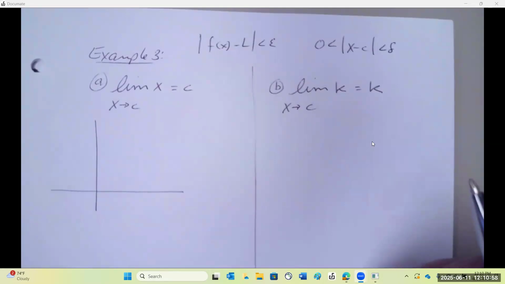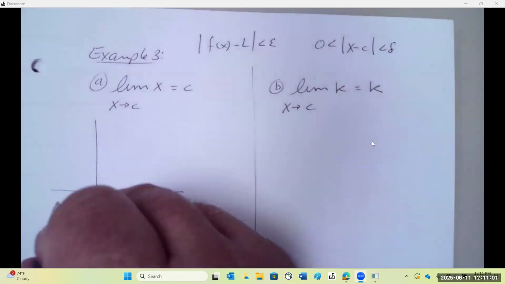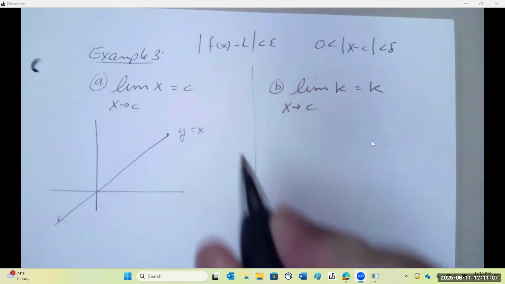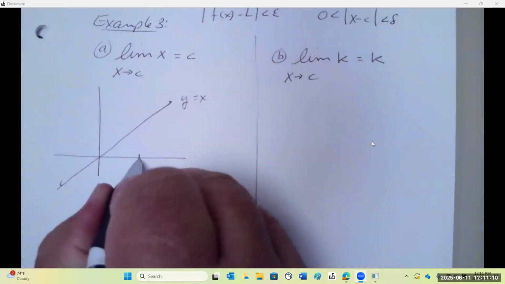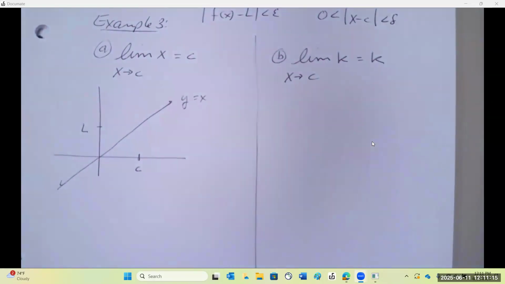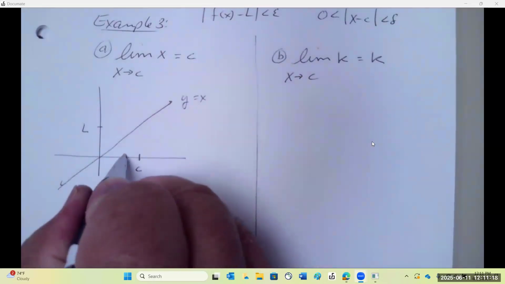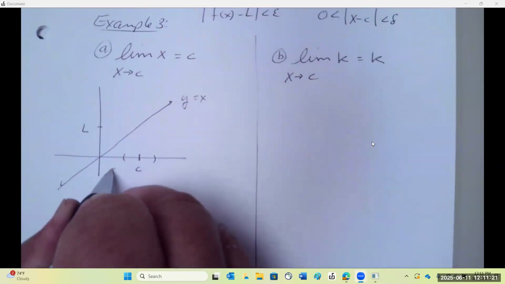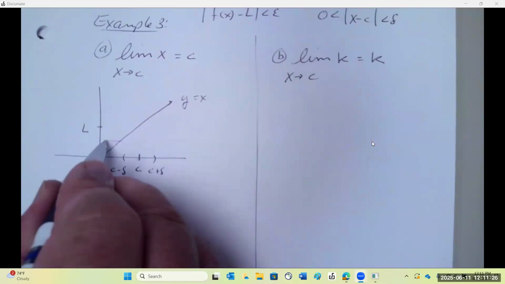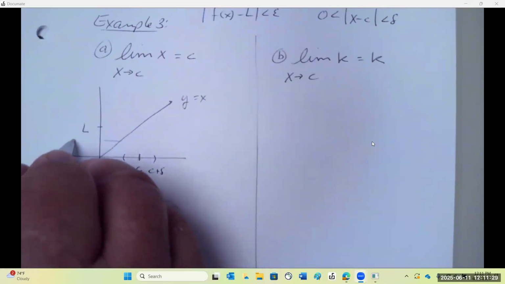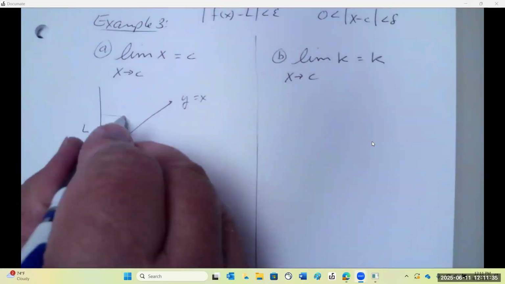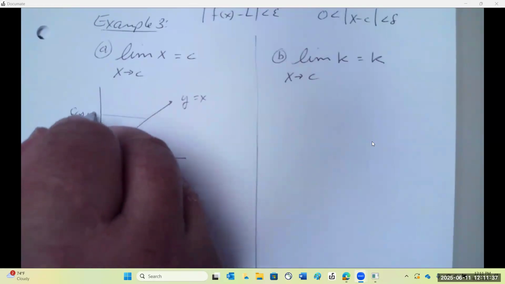Identity function, what's the graph going to look like? It's going to be exactly a diagonal, right? Because y equals x. So no matter what value c you take, however close we get in our interval, c minus delta, c plus delta, that's going to correspond to f(x) minus delta, f(x) plus delta.